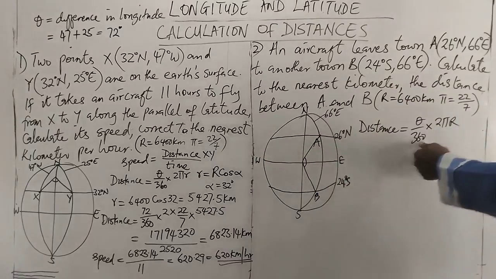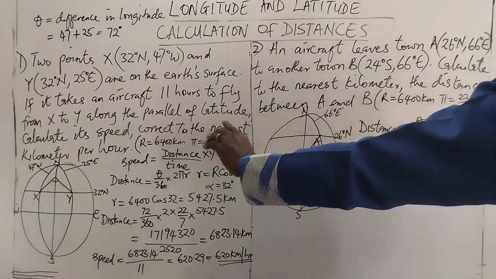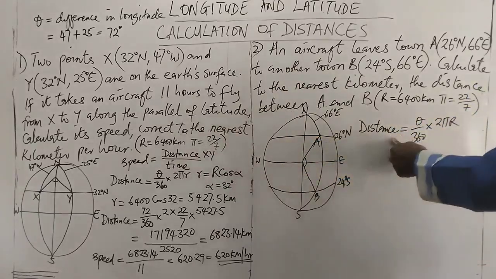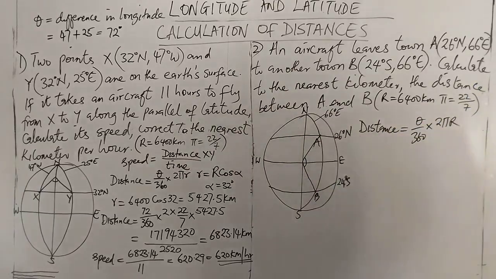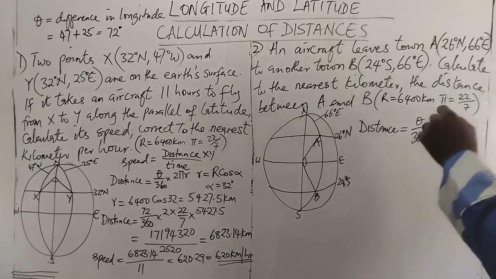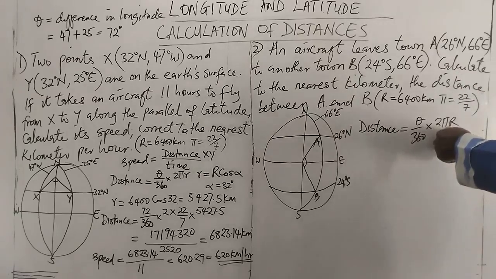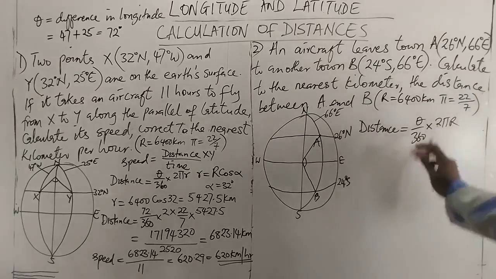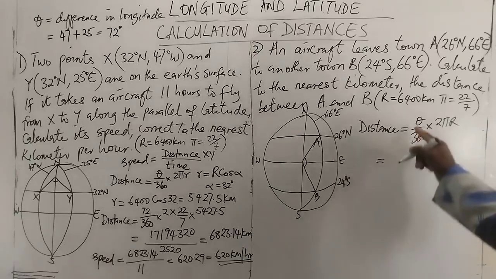All parallels of latitude are small circles. But in this one, both of them lie on the same line of longitude, and all lines of longitude are great circles. They use the radius of the Earth, which is big R. With this in mind, we continue.